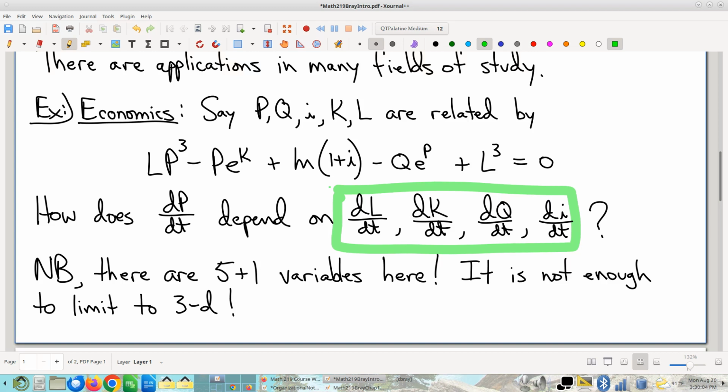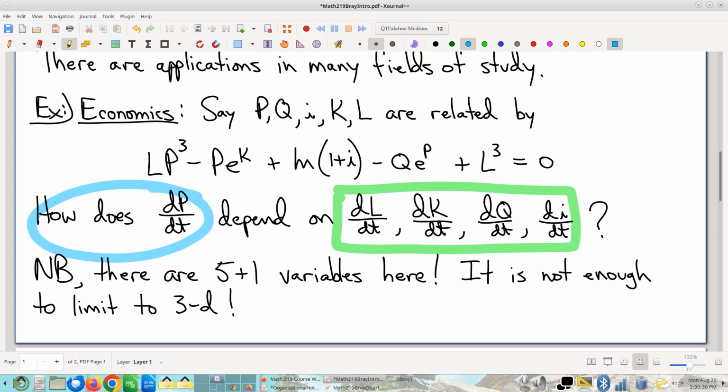And so generically, under certain conditions that are satisfied most of the time, when you change certain of the variables, there will be a way to change the remaining variable to make the equation continue to balance. And so, natural next question then, given how you're changing those inputs, what can you say about the rate of change of the remaining variable?